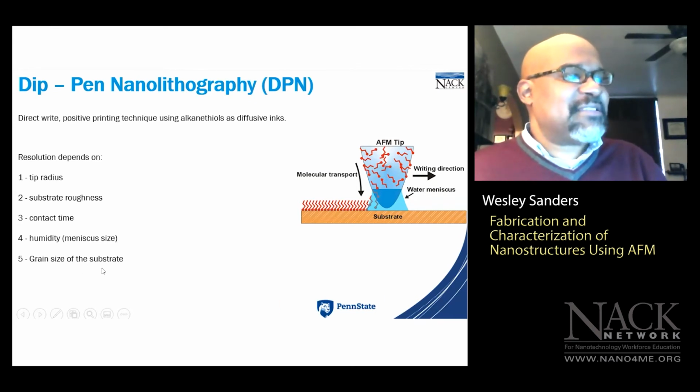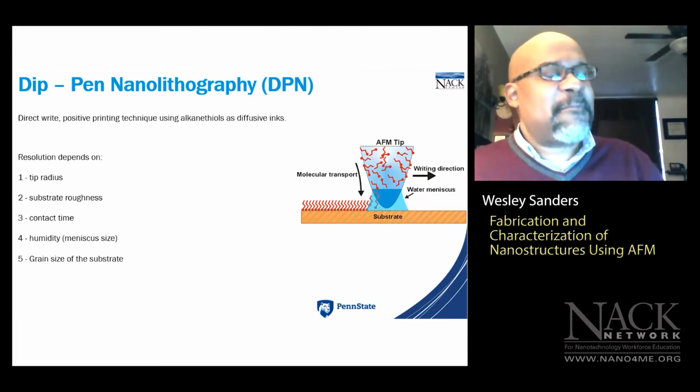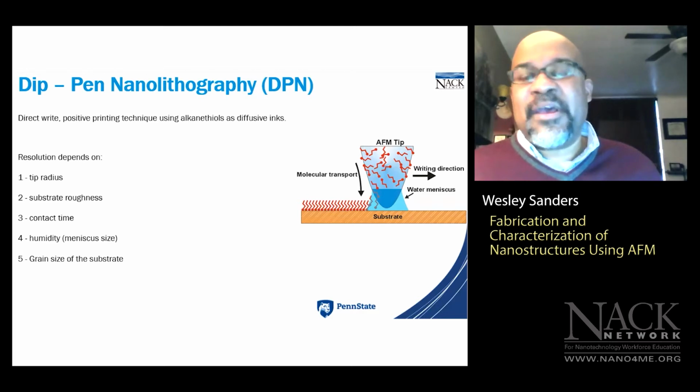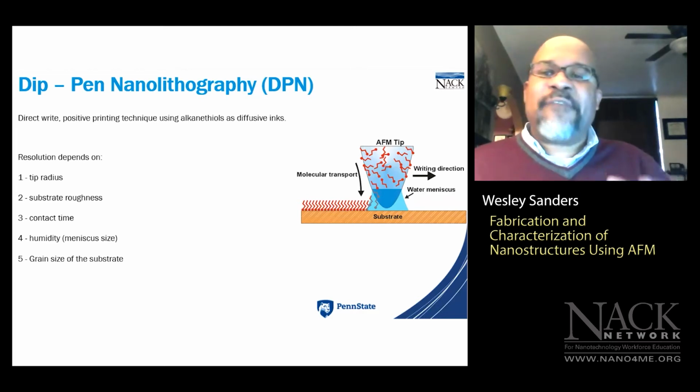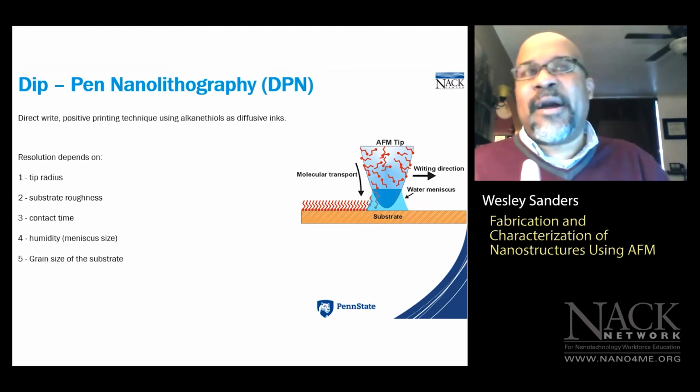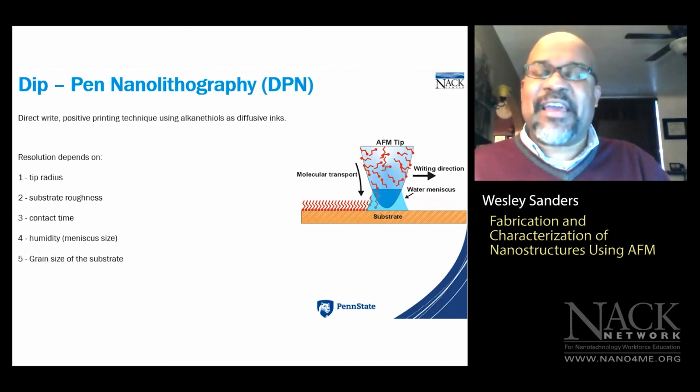And lastly, grain size of the substrate also affects the resulting pattern appearance. Like I said a minute ago, oftentimes DPN involves using a substrate where we've evaporated gold on mica or HOPG for an atomically flat surface.